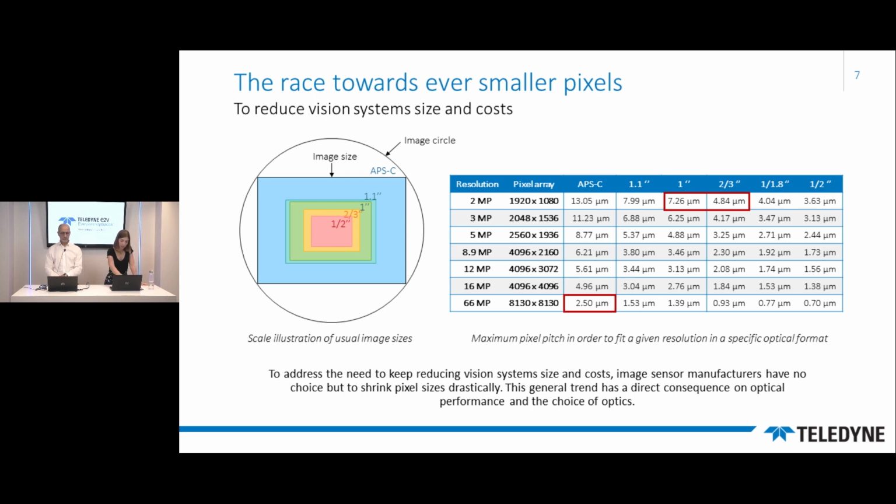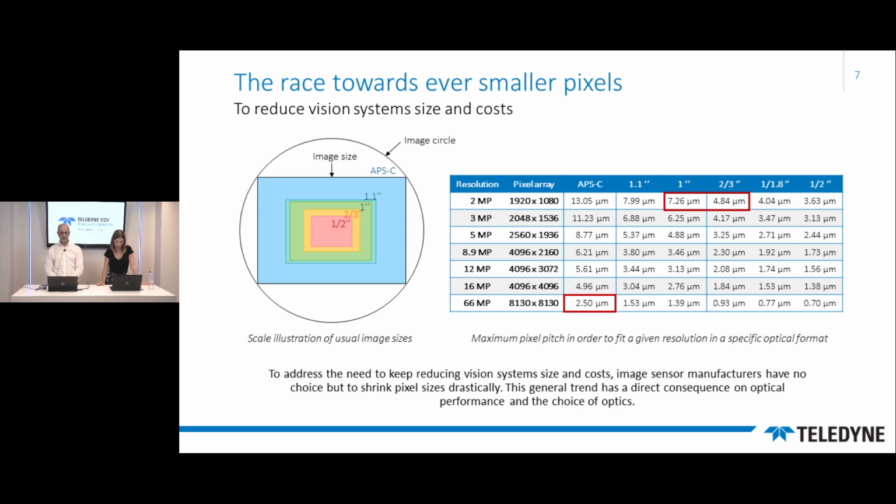This image circle leads you to an image size, as you can see here, in inches. And it is in fact a legacy we have from the old tube cameras. Due to some manufacturing limitation, only 2/3 of the mechanical surface of the tube was effectively used and active. So today we have the equivalent of 1 inch, which corresponds to 2/3 of that, so 16 millimeters approximately.